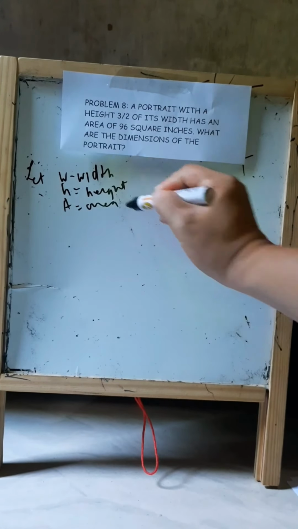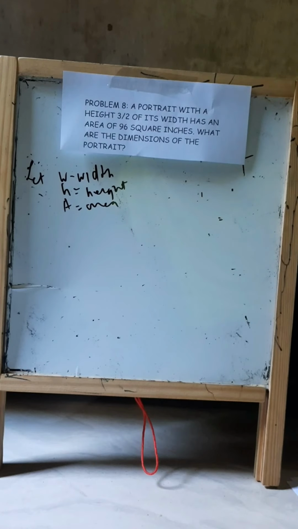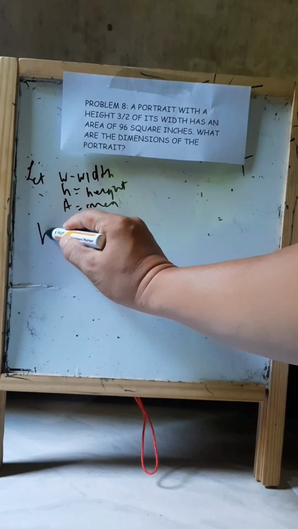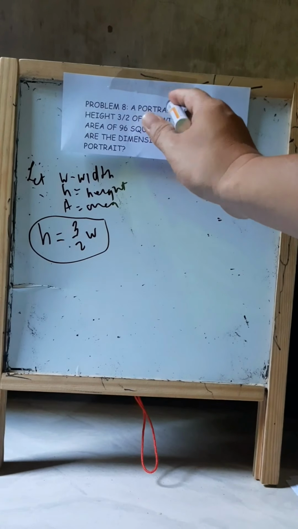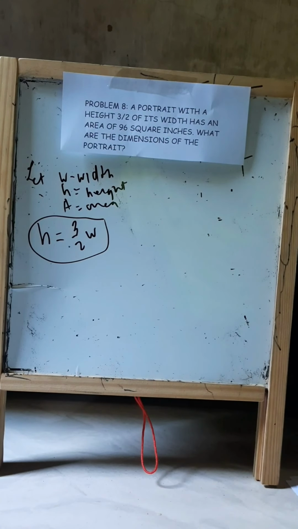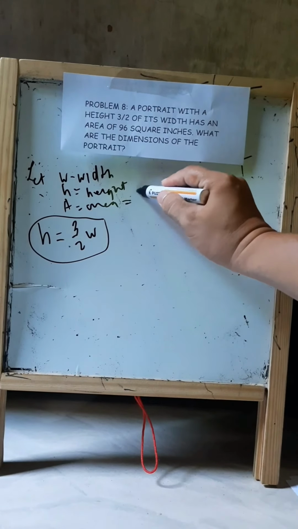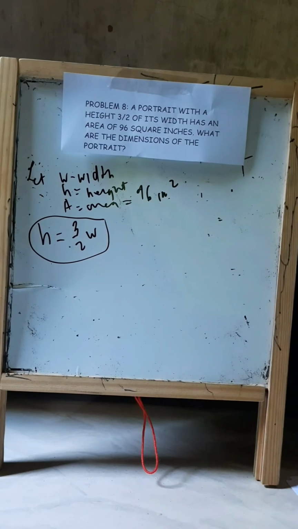In the problem, the height is 3 halves of its width. That is given. And the area is equal to 96 square inches. What are the dimensions of the portrait?